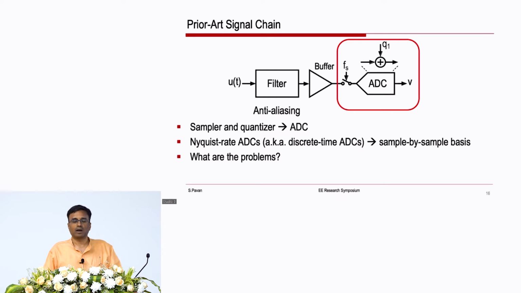A lot of the improvement comes from technology, and so these blocks have been individually optimized by a lot of researchers working over a lot of years. It turns out, somewhat surprisingly, that combining the filtering and analog to digital conversion into one animal gives you an order of magnitude improvement in performance.